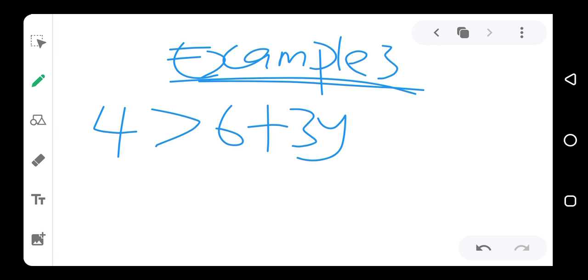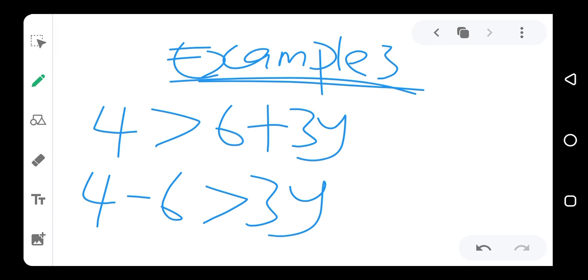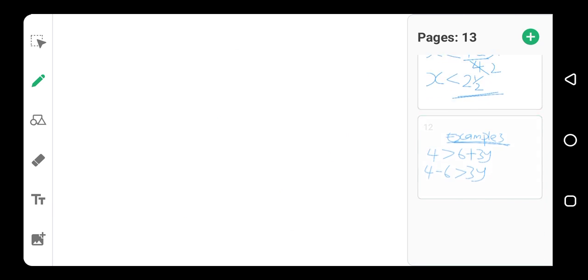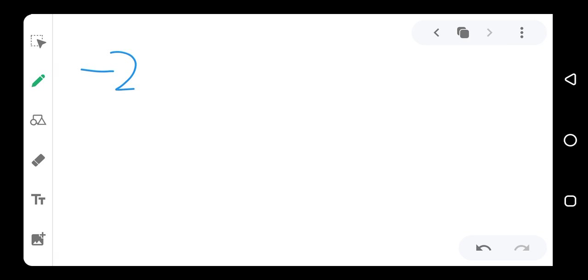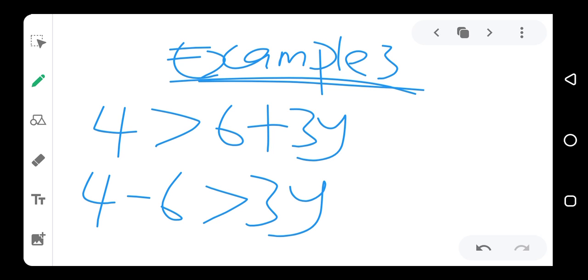Okay, let's collect like terms. 4 minus 6 is greater than 3y. 4 minus 6 is minus 2. So we have that minus 2 is greater than 3y.